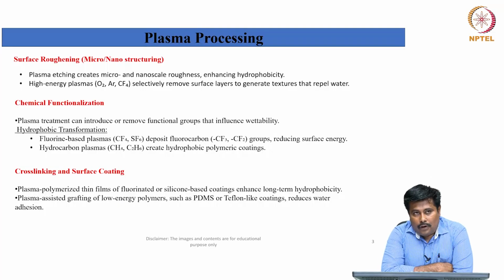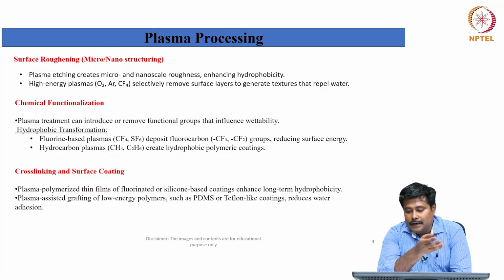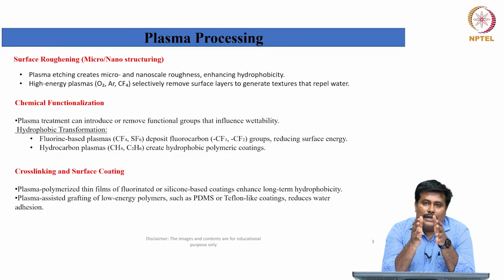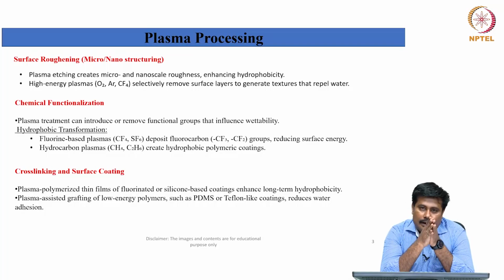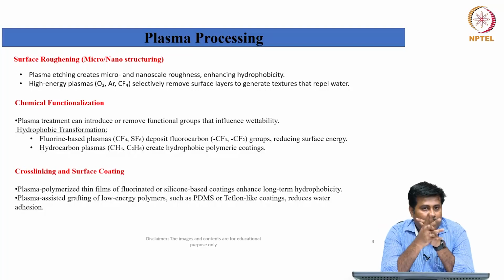To generate such roughness, a high energy plasma generated by oxygen, argon or CF4 selectively removes the surface layers to generate microstructures or nanostructures. Such textures help repel water, so they have potential application in underwater micro robotic systems, or even biomedical micro robotic systems.